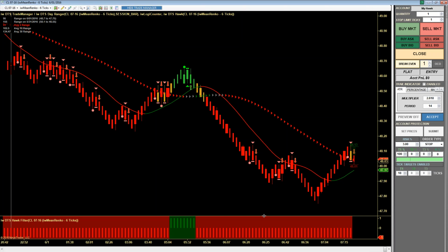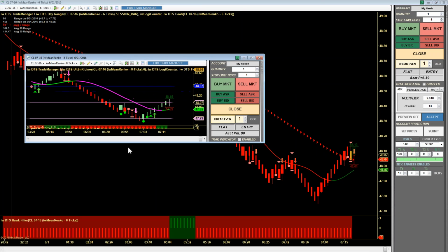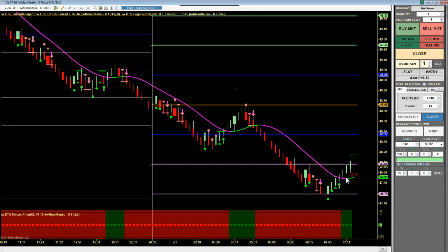Just stay with the crude oil market here a little bit on the hawk, and I'll throw the falcon in there so you can see the falcon building. See here on the falcon, we're starting to produce this trend change signal.